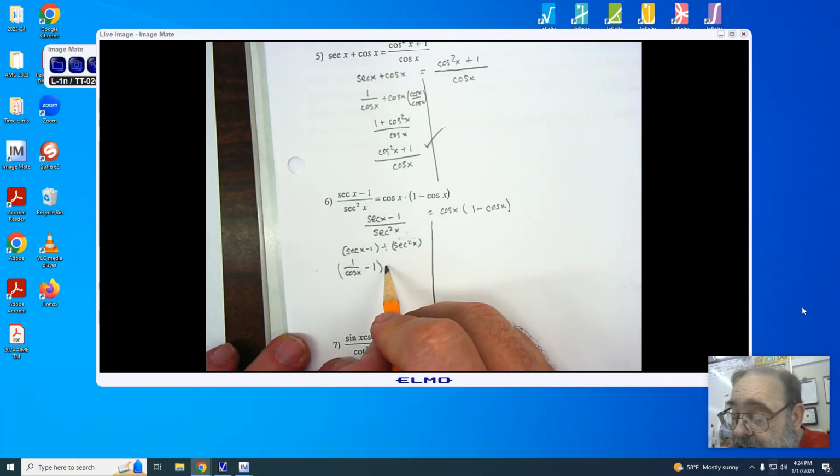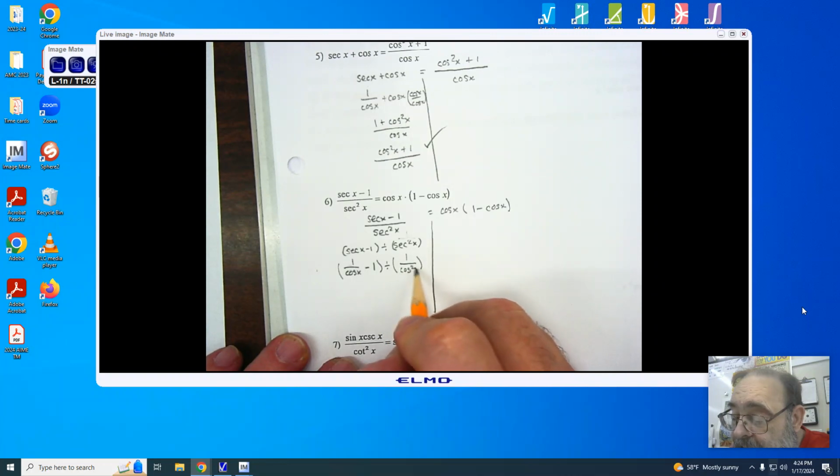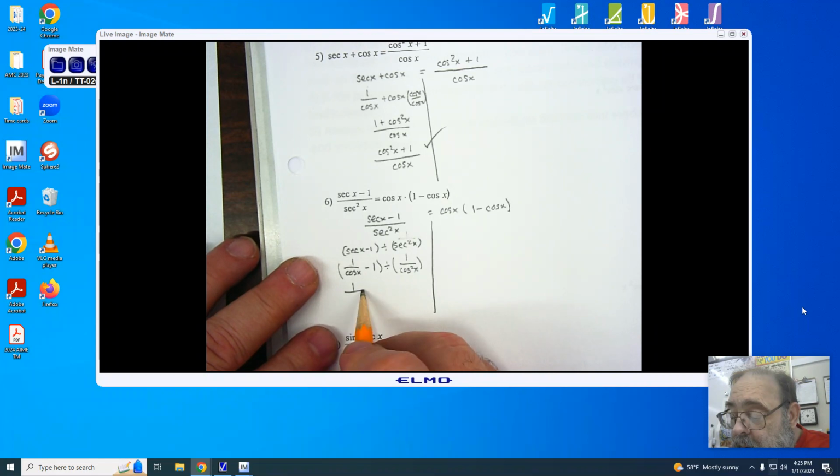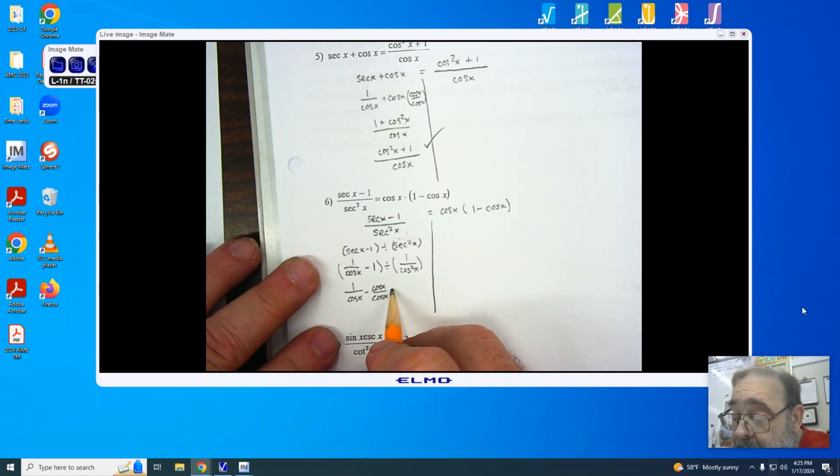I then have divided by what this secant squared actually is. It is 1 over cosine squared x. I'm now going to get the common denominator. 1 over cosine x minus cosine of x over cosine of x times the reciprocal cosine squared x.